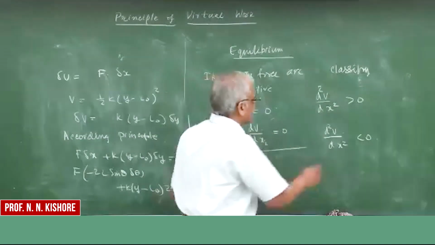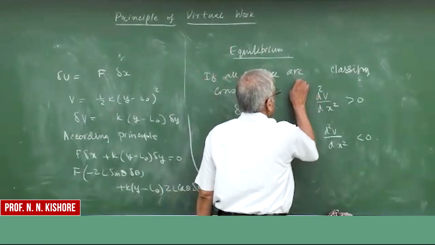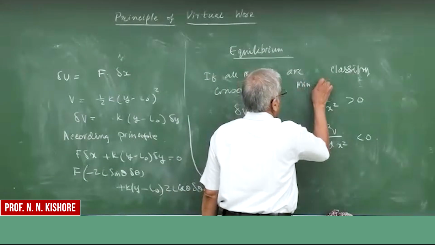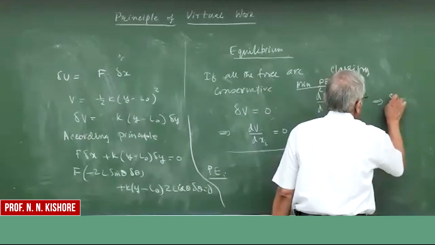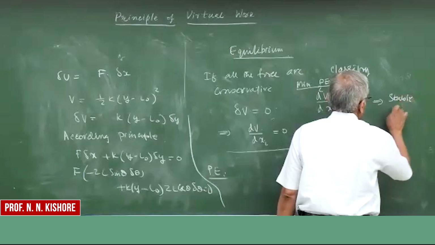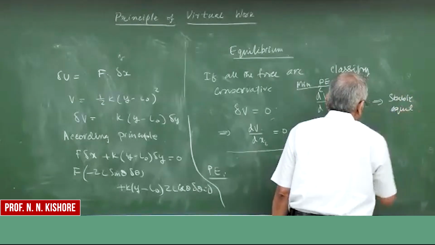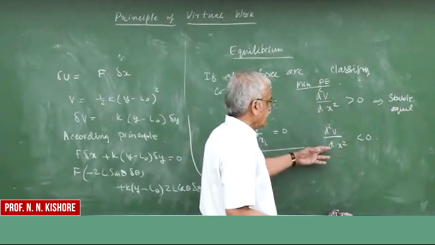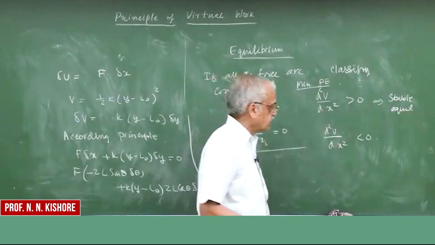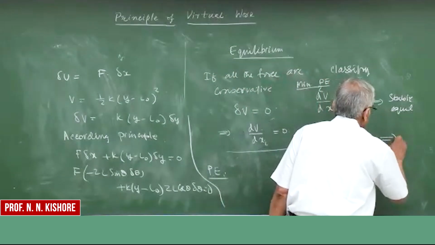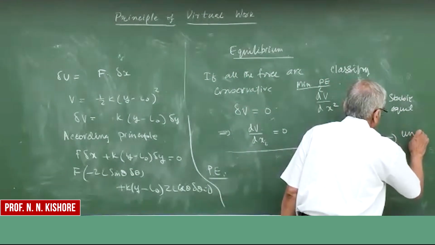So this corresponds to minimum potential energy, which corresponds to a stable equilibrium. And on the other hand, this corresponds to a point where you have the maximum point, so this corresponds to an unstable equilibrium.